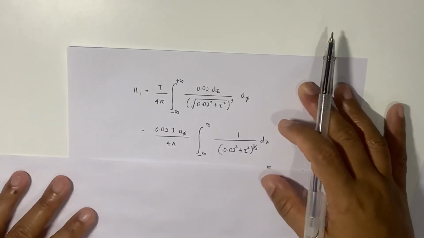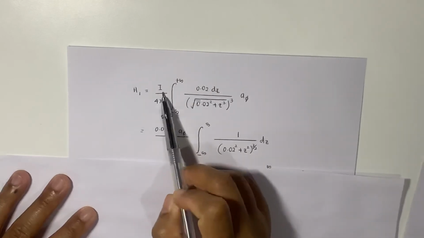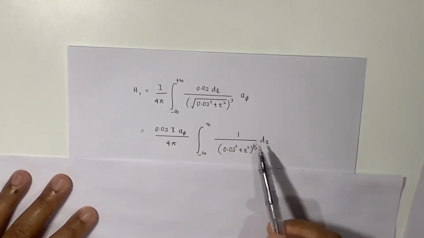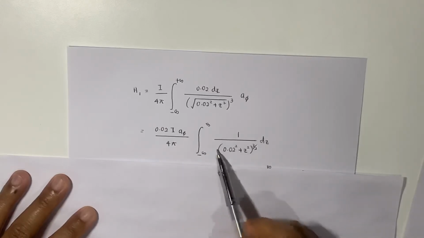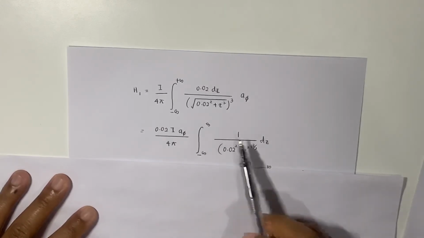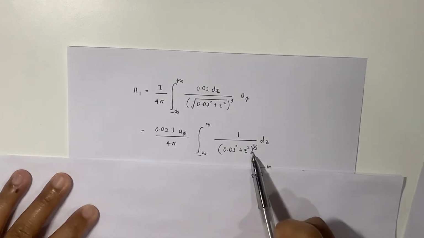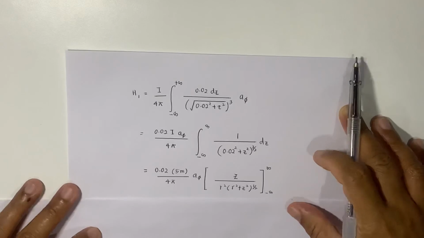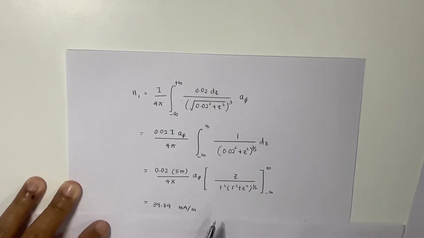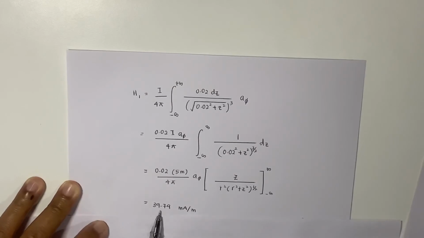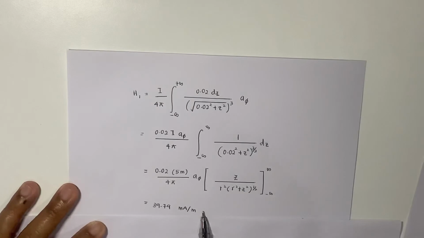We can bring 0.02 and the direction in front, and just leave here the integration towards dz. So you need to make an integration towards dz. After you solve it, you will get 39.79 milliamp per meter.